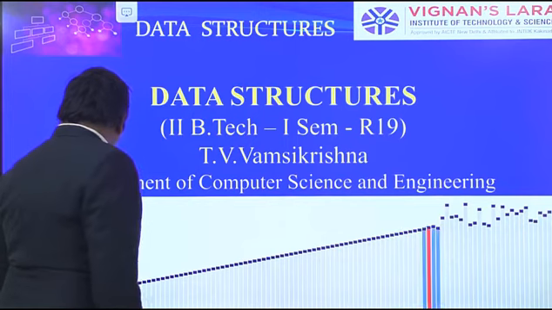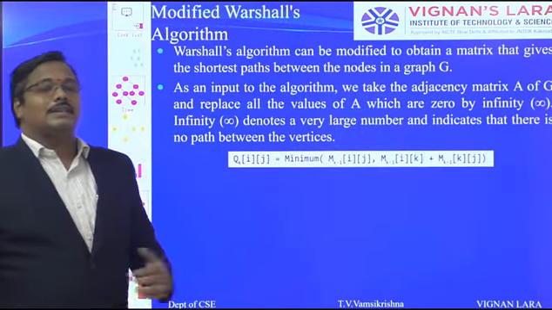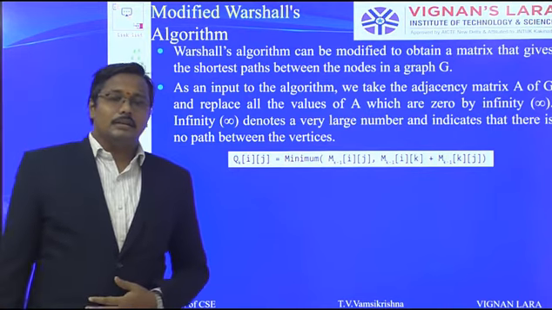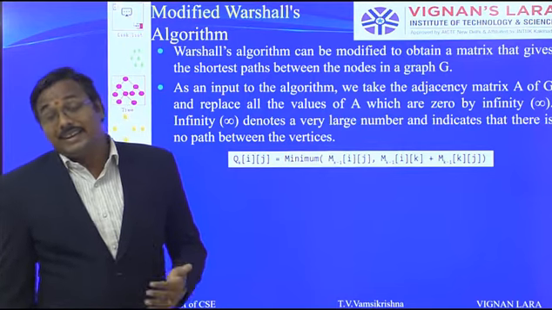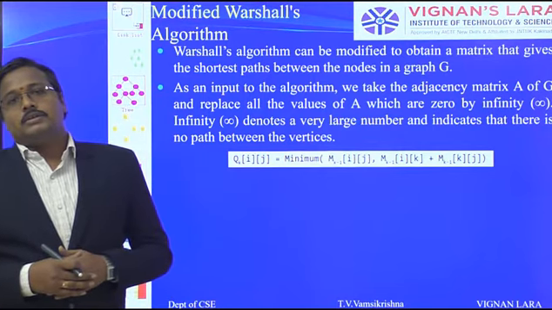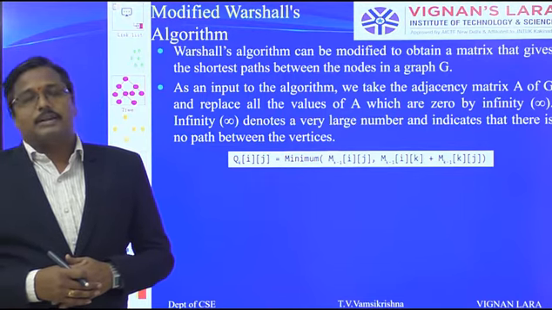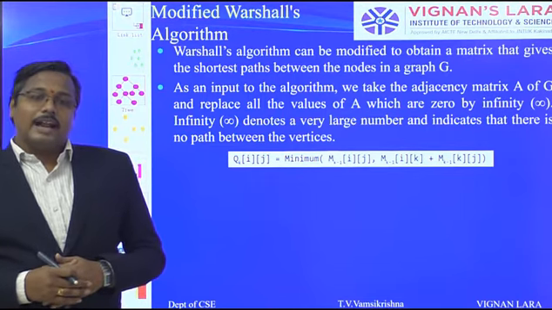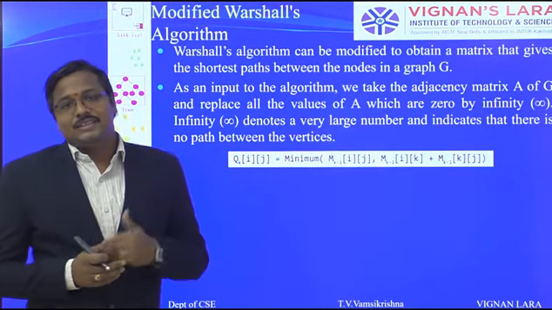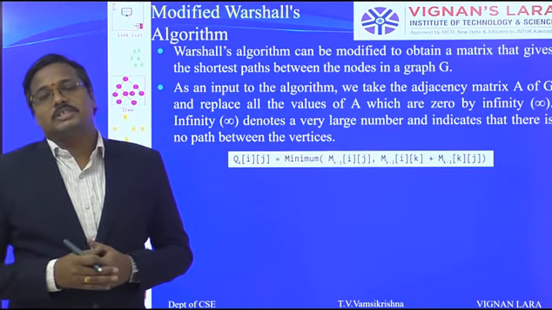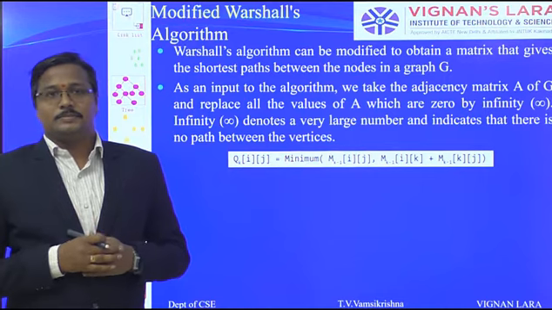What is the modification done in Warshall's algorithm? In general, we take an undirected, unweighted graph. Whenever we calculate the path matrix for the unweighted graph, the adjacency matrix consists of either 0 or 1. 0 specifies no edge, 1 specifies there is an edge.